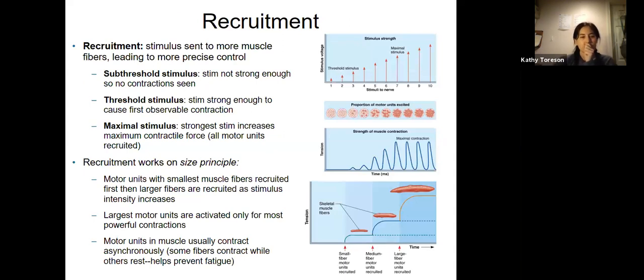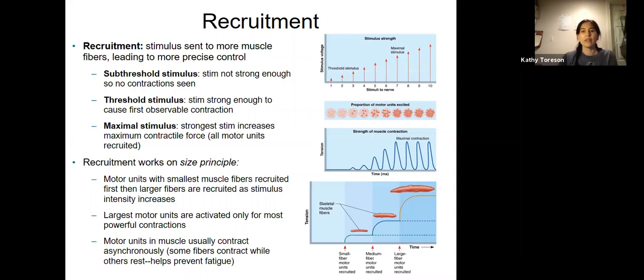Okay. All right, so we can generate contraction or generate tension by stimulating the muscle. But then the question is, how much tension are we generating? When we think about that, there's a couple things that come into play.